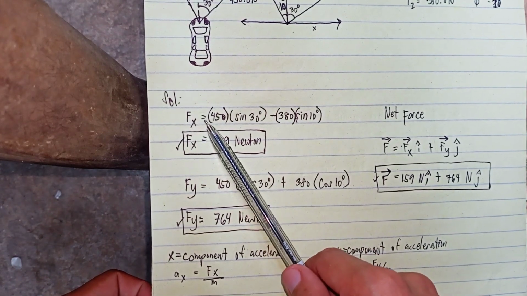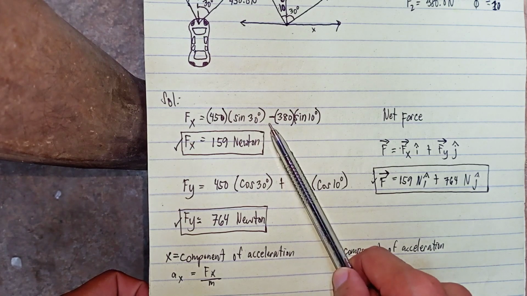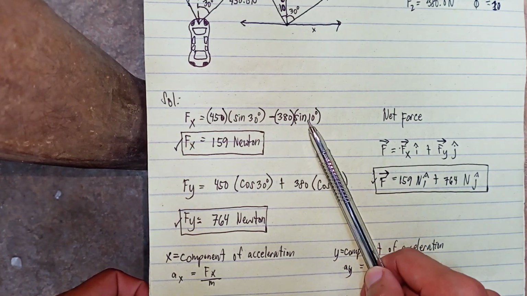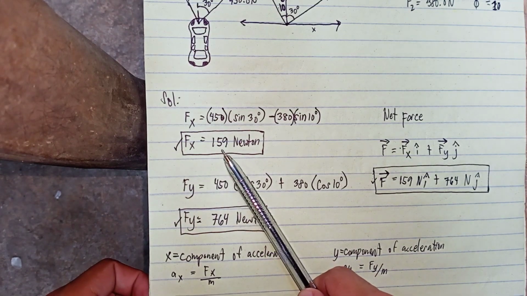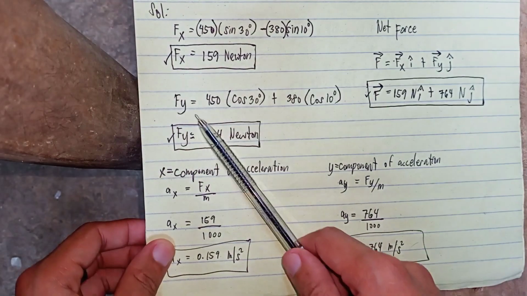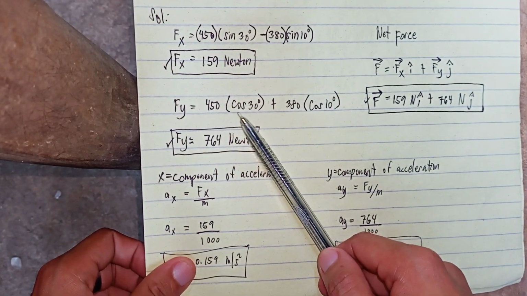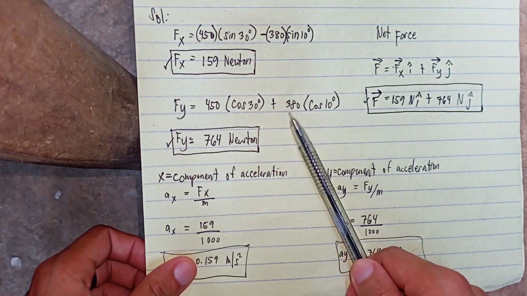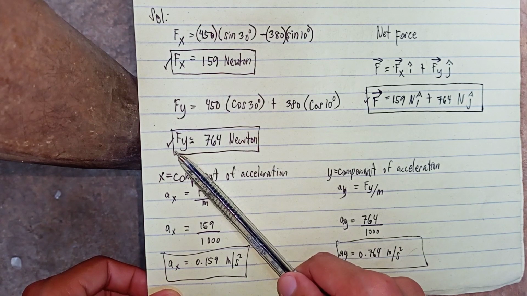For Fx equals 450 times sine 30 degrees minus 380 times sine 10 degrees. So Fx equals 159 Newton. For Fy equals 450 times cosine 30 degrees plus 380 times cosine 10 degrees.